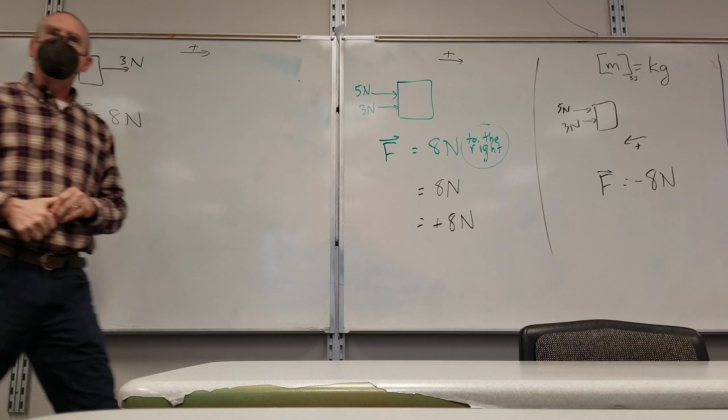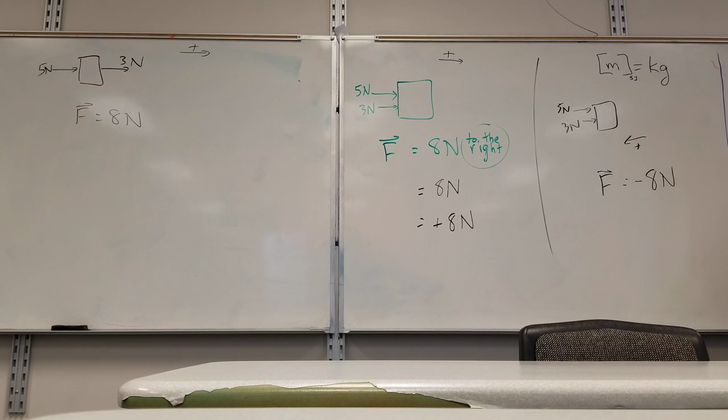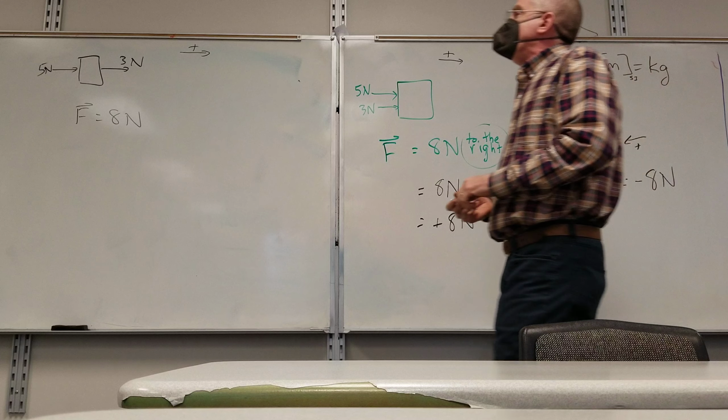Push or pull, it doesn't matter. From a physics point of view, whether something's being pushed with 5 newtons or pulled with 5 newtons, it's the same thing. If you were designing a bridge or multi-million-dollar equipment, you might want to get into more than that, but right now we're not going to worry about that difference.